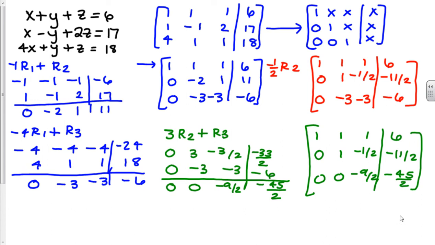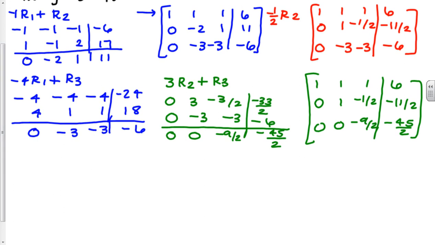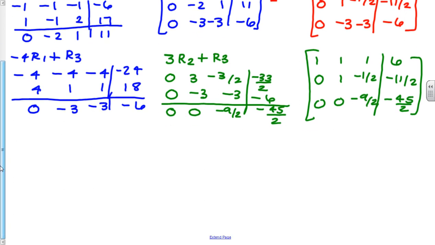The last step is to get this 9 halves to be 1. And if I just multiply by the reciprocal, this will happen very nicely. So the reciprocal of 9 halves is 2 over 9. So I'm going to do -2/9 times row 3. So my row 1 and 2 are going to stay the same.